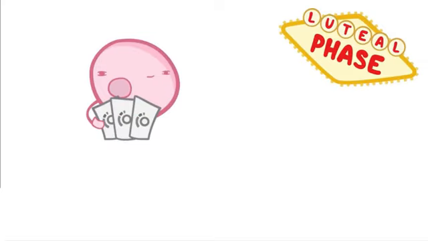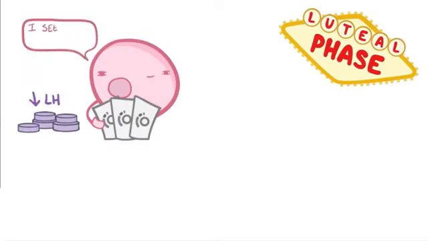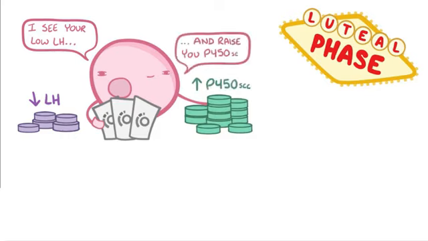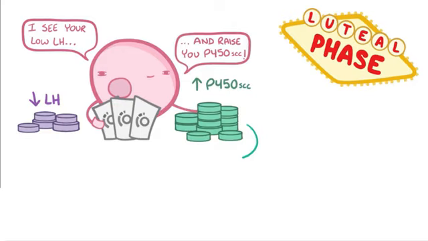And finally, something interesting happens inside the granulosa cells during the luteal phase. They respond to the low luteinizing hormone concentrations that are present after ovulation by increasing the activity of another enzyme called cholesterol side chain cleavage enzyme, or P450-SCC for short. This enzyme converts granulosa cell cholesterol into pregnenolone.